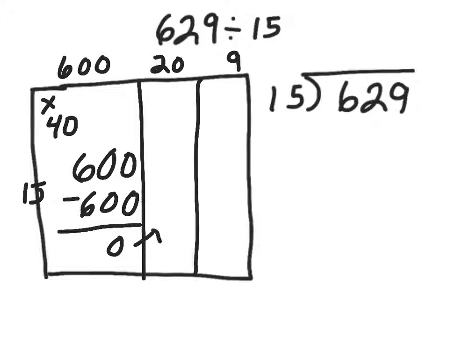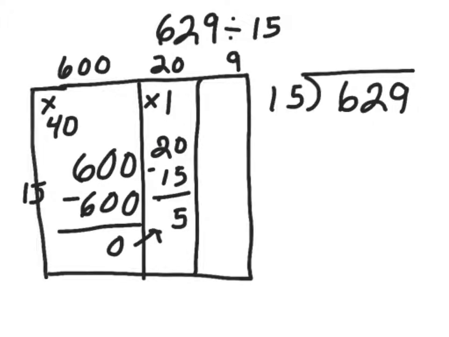Nothing to carry over. So now I have 20. What times 15 will give me something to subtract from 20? 1. 15 times 1 is 15. So 20 minus 15, 5 left over.